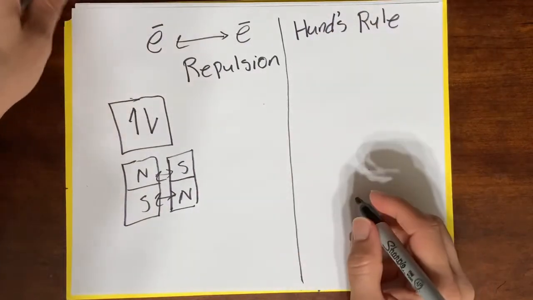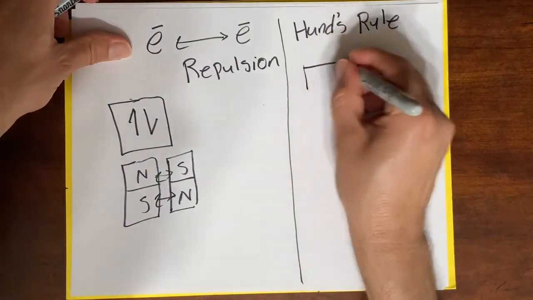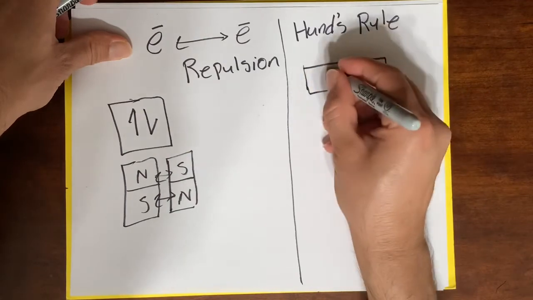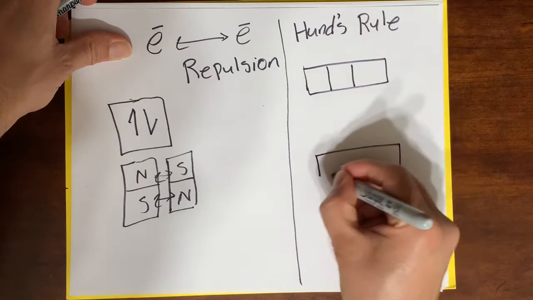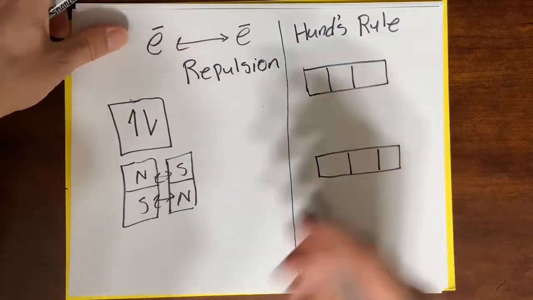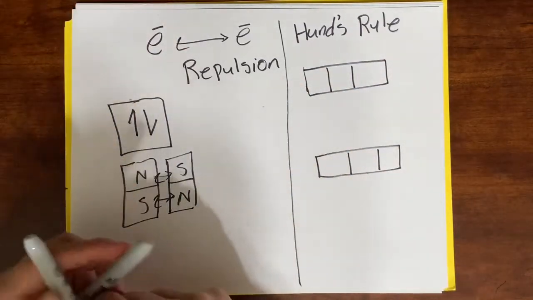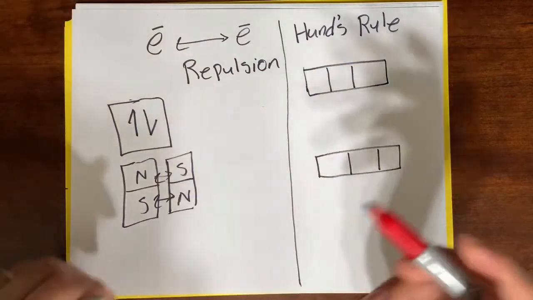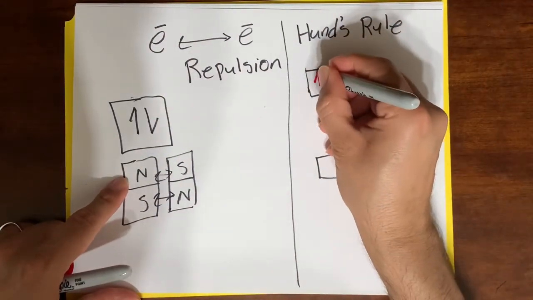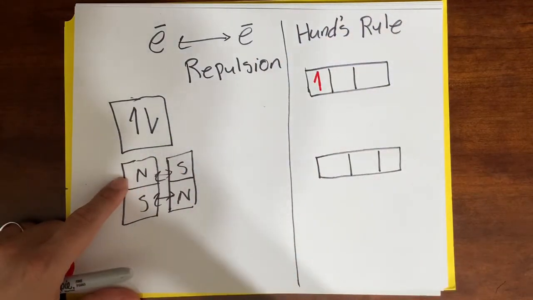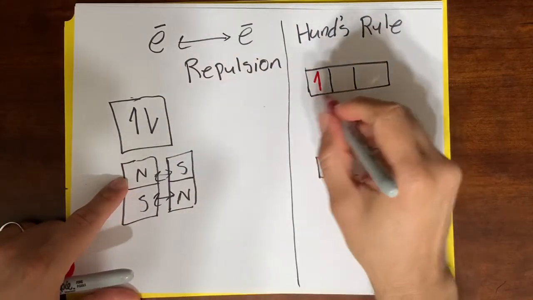Hund's rule says if you have 2 electrons and you want to put them in an orbital like p or, for example, d, the way you have to distribute them is to start with 1 electron in each orbital. Do not pair them.